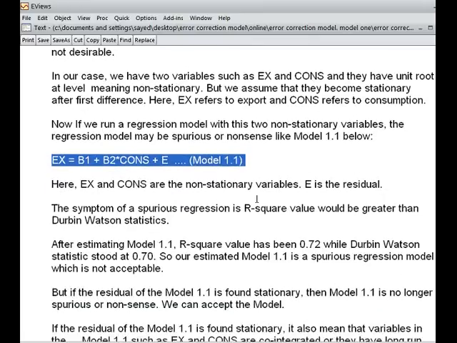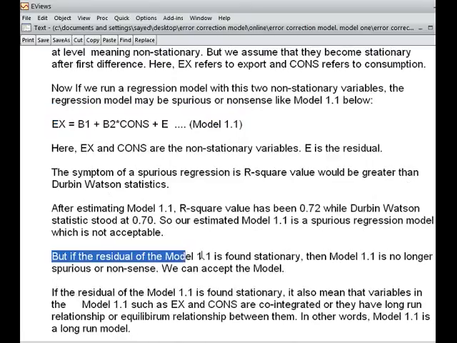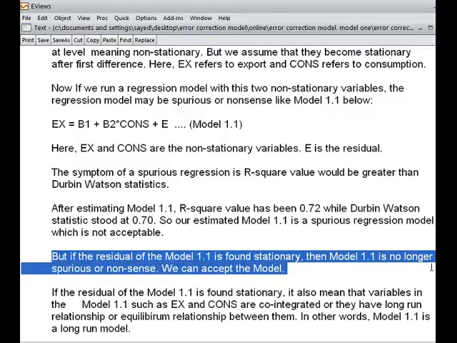But if the residual of the model 1.1 is found stationary, in that case model 1.1 is no longer spurious or nonsense. We can accept the model.